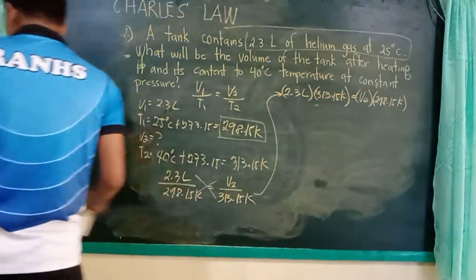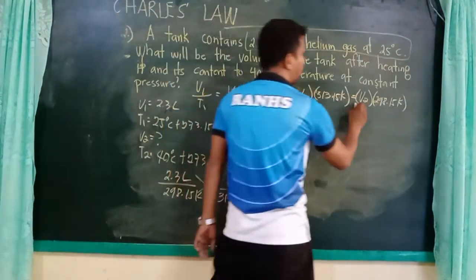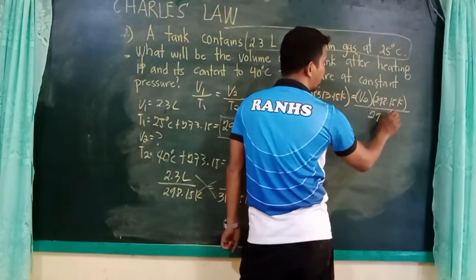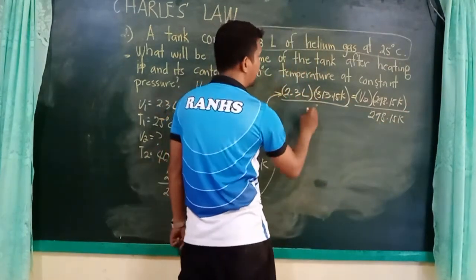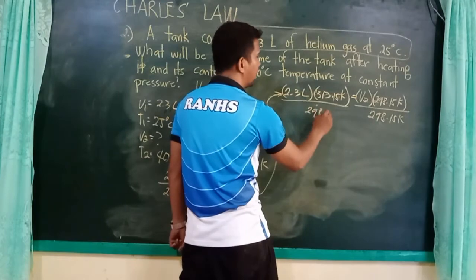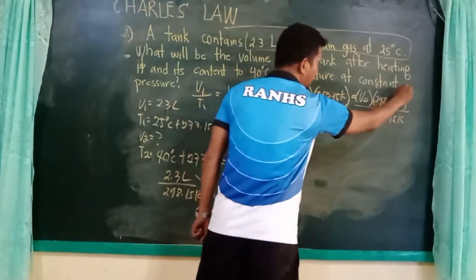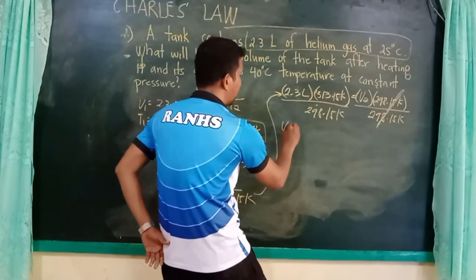Okay, anong susunod na step? So, i-divide natin both sides of the equation by 298.15 Kelvin. So, cancel this one. Cancel that one. So, our equation should look like this.